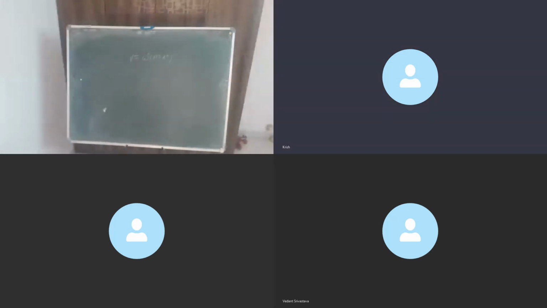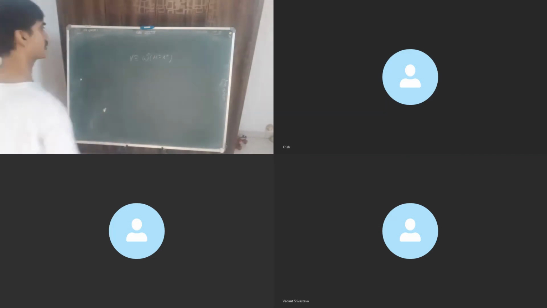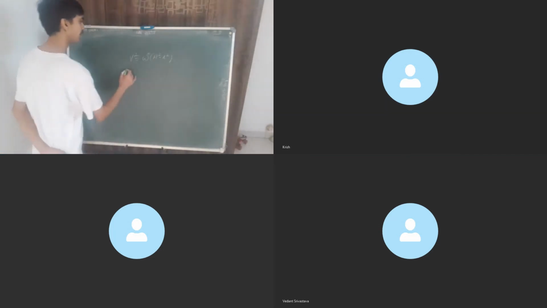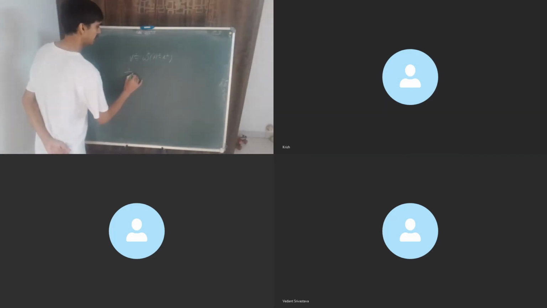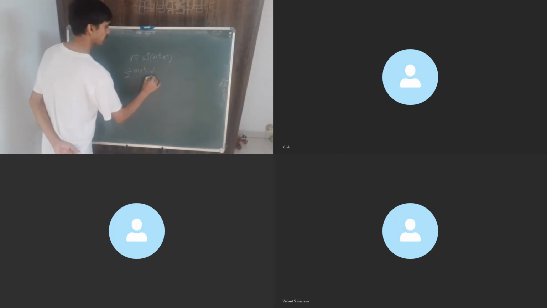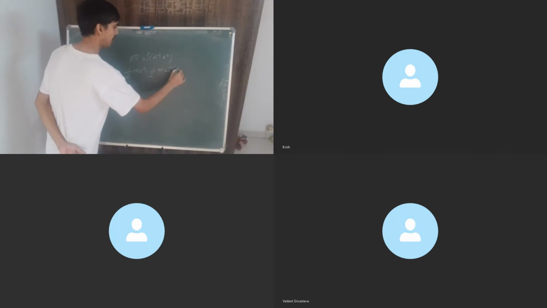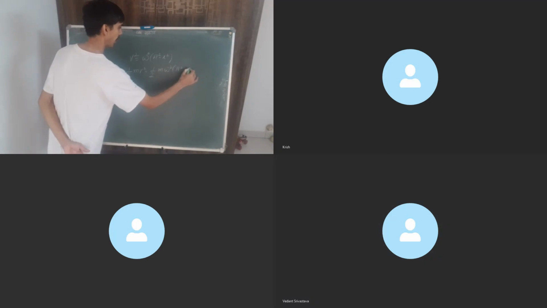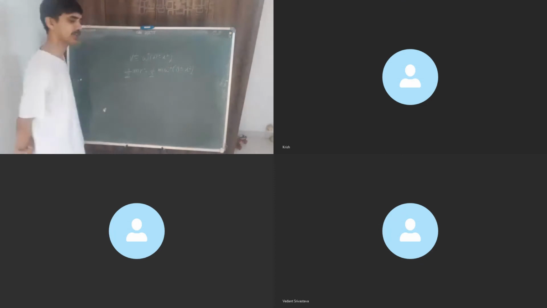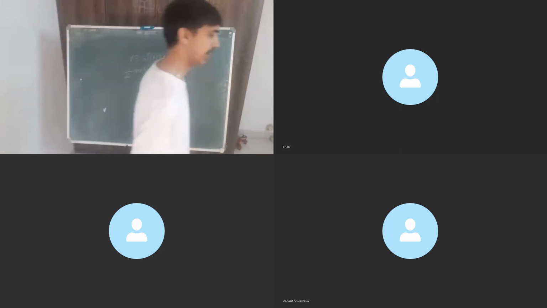Multiplying the equation with m by 2, we get to see that half m omega square times a square minus x square is the representation of kinetic energy.